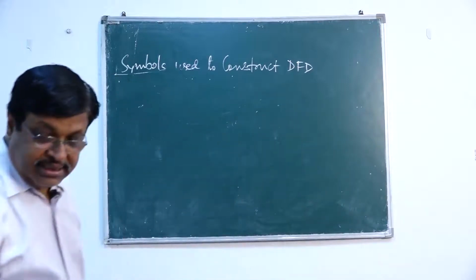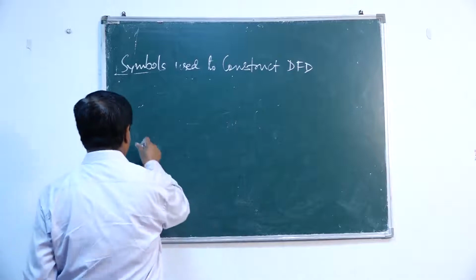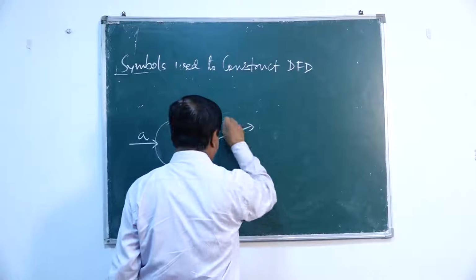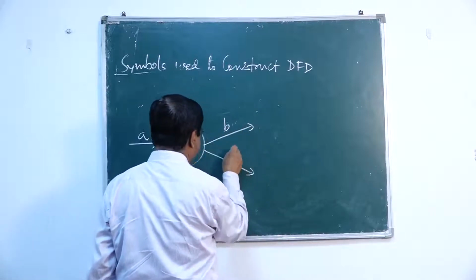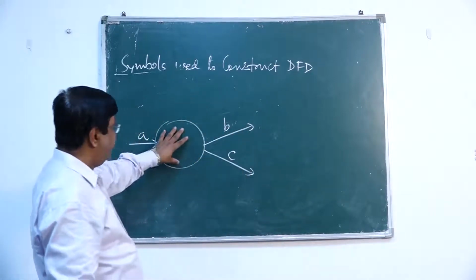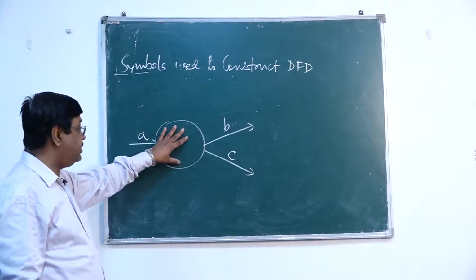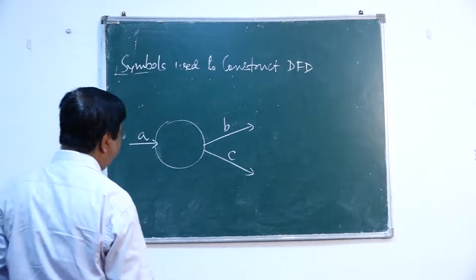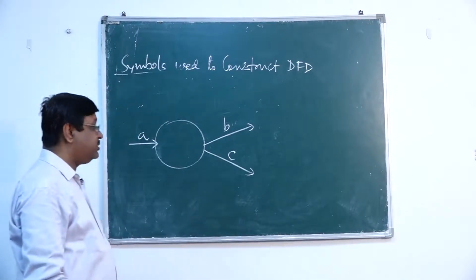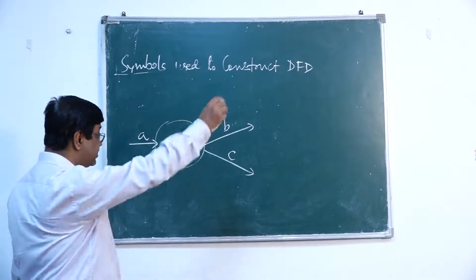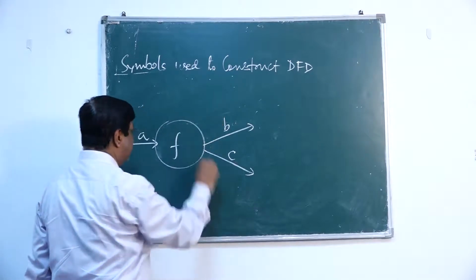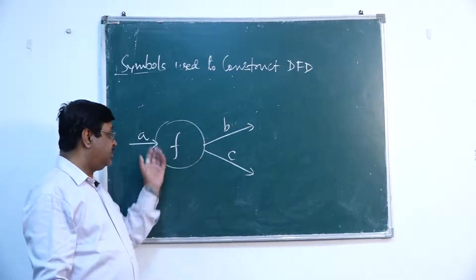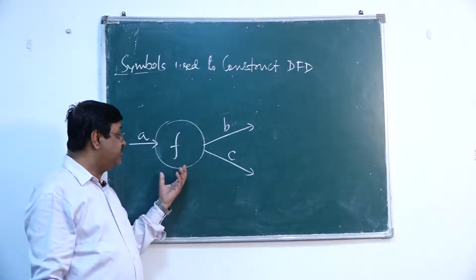So if anybody writes here like this, A is the input, say B, and this is C. This circle, this bubble is unlabeled, so we cannot say what is happening here, what process is taking place. We cannot leave it unlabeled. It must be labeled. So we can write the process as F. We can say that the process F is taking place in this process.